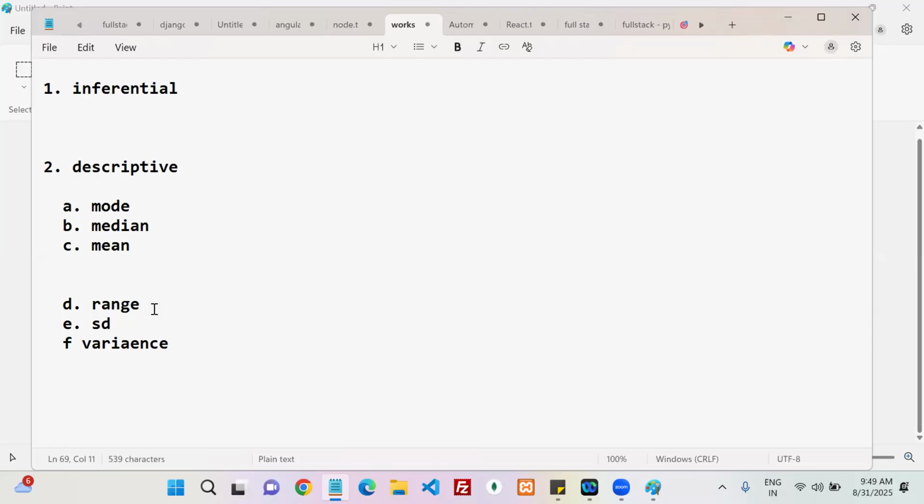What about the standard deviation? It tells how the values are spread. Do you know the formula?